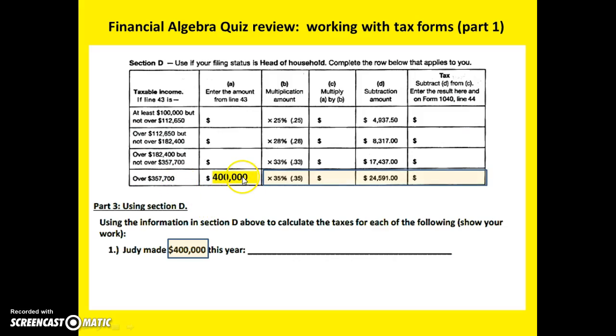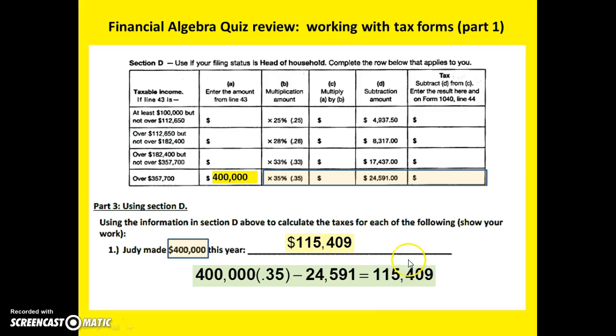So 400,000 times 0.35, and then you take whatever that product is and subtract 24,591 from it. We end up with 115,409.